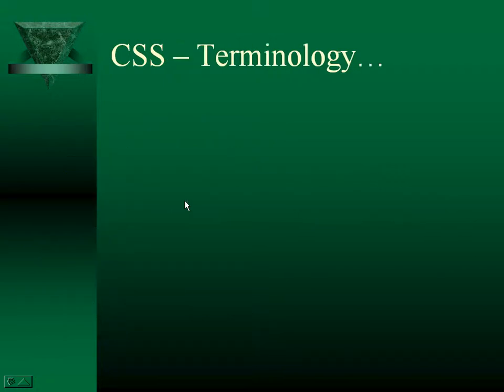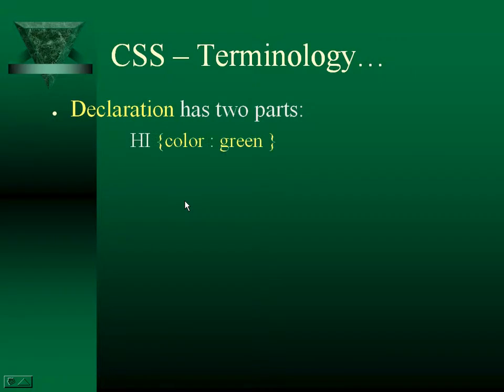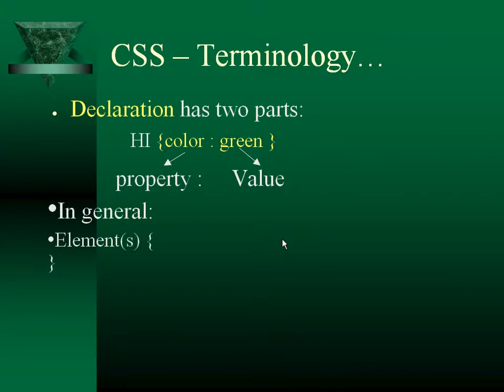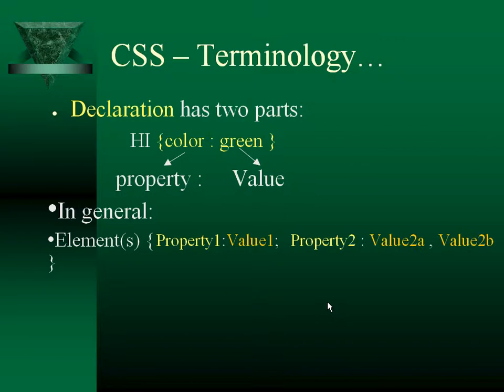Again, this declaration part has two parts. The first one is known as the property and the second one is the value. In general, the syntax for the CSS rule looks like this: the HTML element or HTML elements, and within the curly braces property 1 and correspondingly the value of that property, and property 2 correspondingly, it may have more than one value, like value 2a, value 2b.